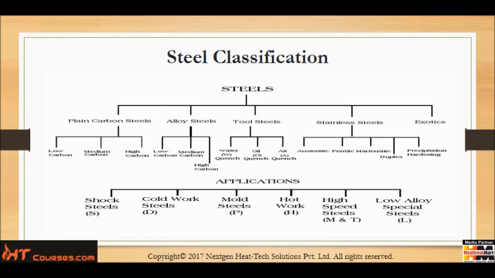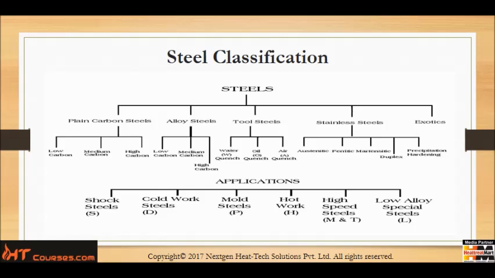And then we have the alloy tool steels, which again have higher amounts of alloying elements such as chromium, molybdenum, vanadium, tungsten, etc. Then we have the stainless steels, the austenitics, the ferritics, the precipitation hardening, the martensitic, and I'm showing the pH steels at the end.